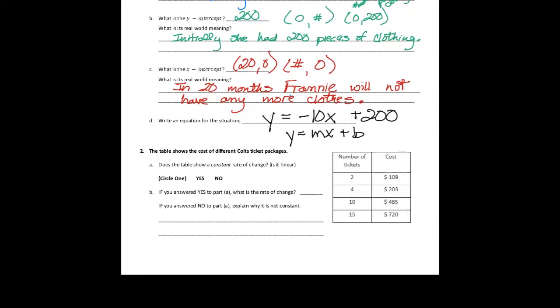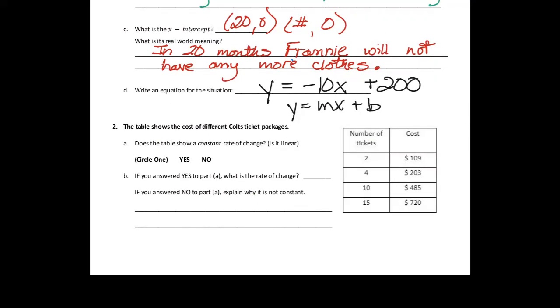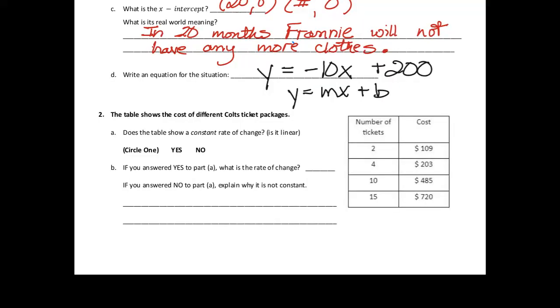Number 2, the table shows the cost of different Colts ticket packages. Does the table show a constant rate of change? In other words, is it linear? Well, how could we tell? Subtract the cost. Okay, we could do that.